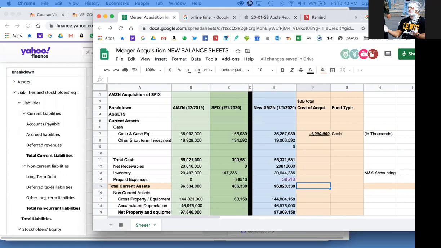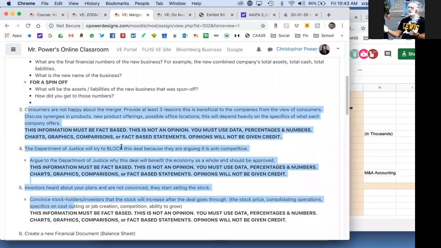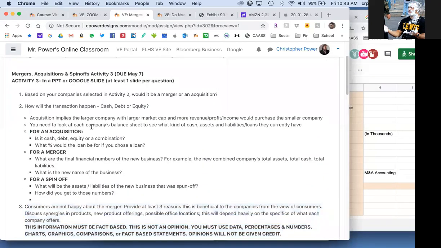So, Mr. Power, why are we doing this? What are we doing then? Great question. The focus of this assignment has always been on a little bit of everything. Understanding cash, debt, and equity. Understanding the difference between a merger, an acquisition, and a spinoff.